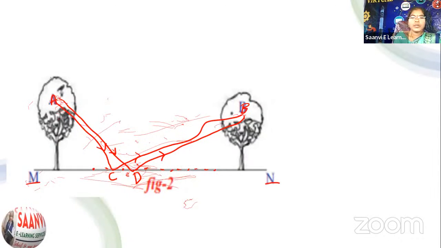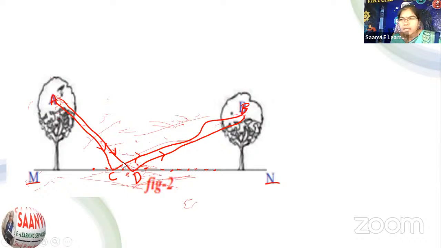see, MN is a surface. A and B are trees. MN is a surface, and between M and N some grains are present.